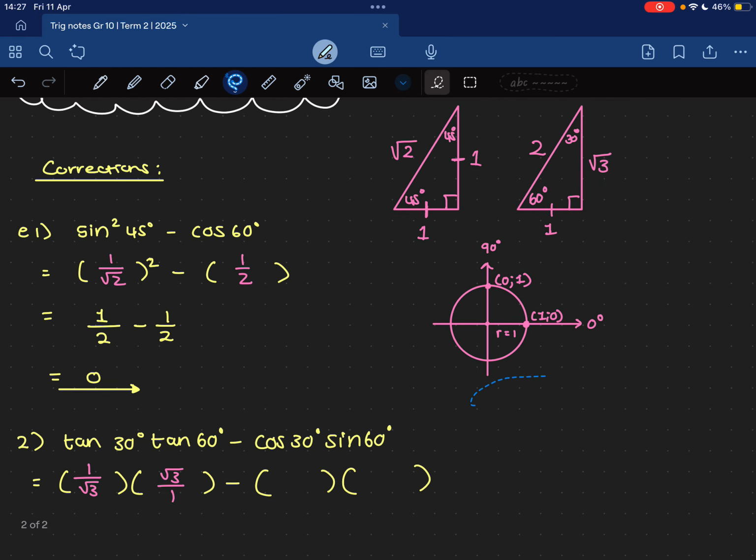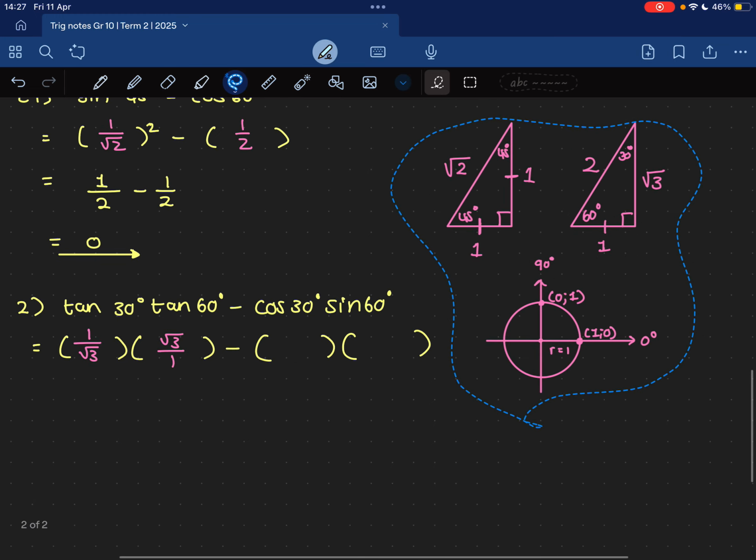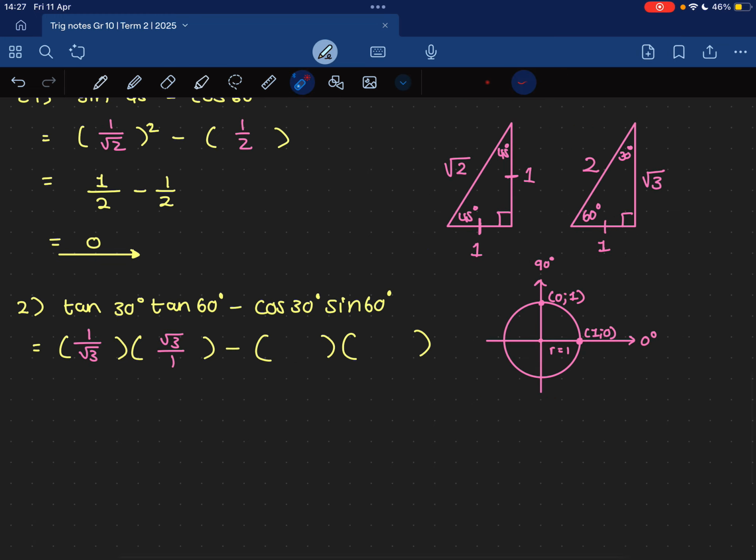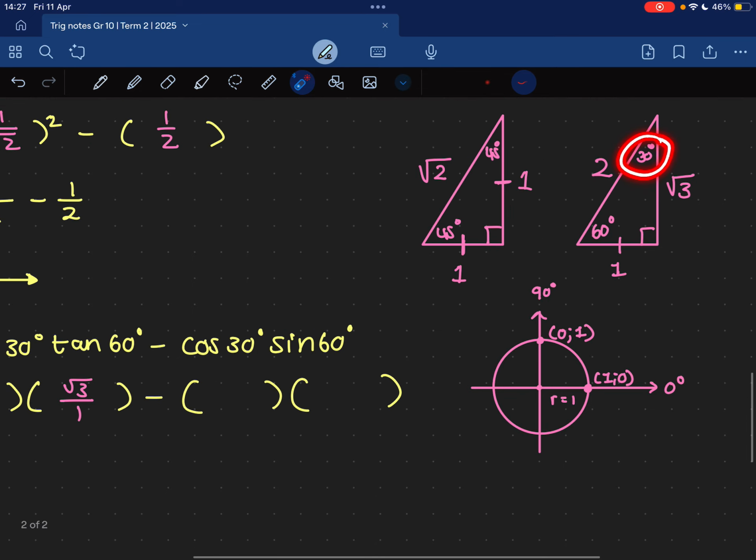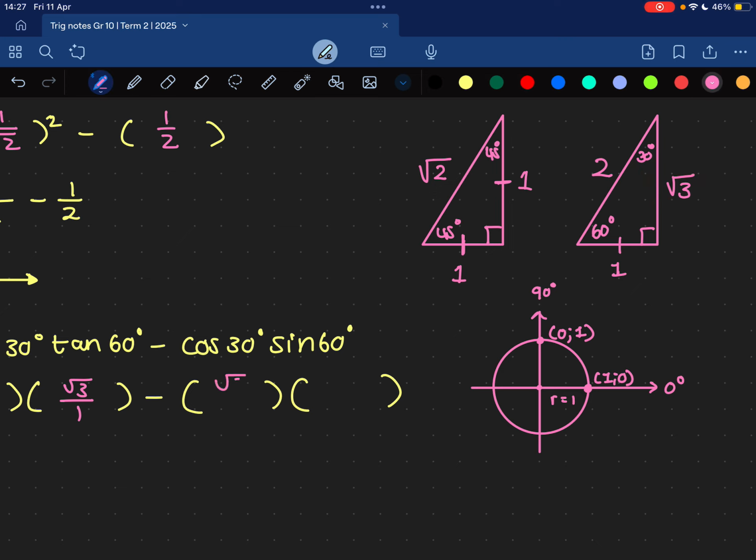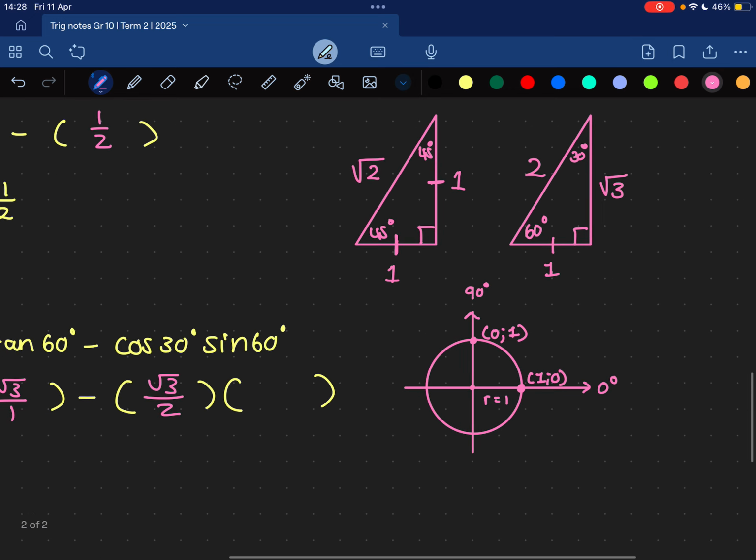Okay, then cos of 30. 30 is here, so cos is adjacent, root 3 over hypotenuse, which is 2. And then sine of 60 is, 60 is here, so opposite over hypotenuse is root 3 over 2.